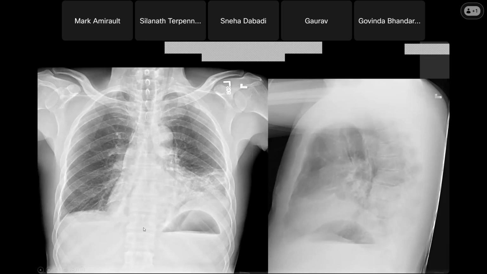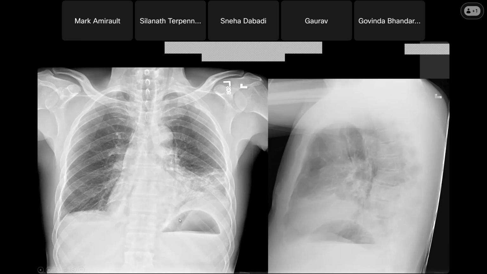And just to show you how I go through it, I try to look at everything. Of course, your eyes are going to be drawn to these patchy linear radiopacities in the left lower lobe here, as well as that left pleural effusion. So obviously this patient has something going on, but I'll start by looking at the abdomen first.